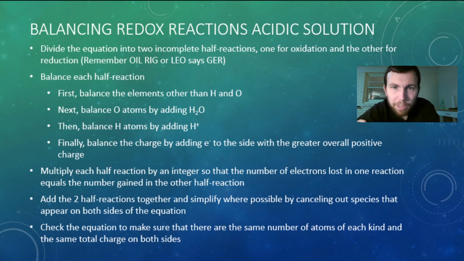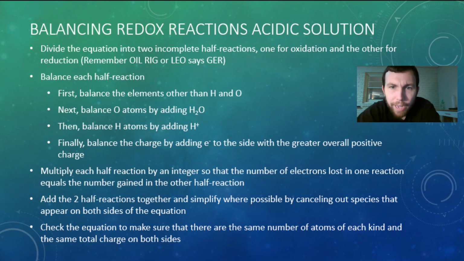The last thing you need to do is balance the charge by adding electrons to the side with the greater overall positive charge. You can also think of it in terms of whatever process you did, because ultimately you want your charges to balance out. Again, when we look at an example, that'll make a little bit more sense.